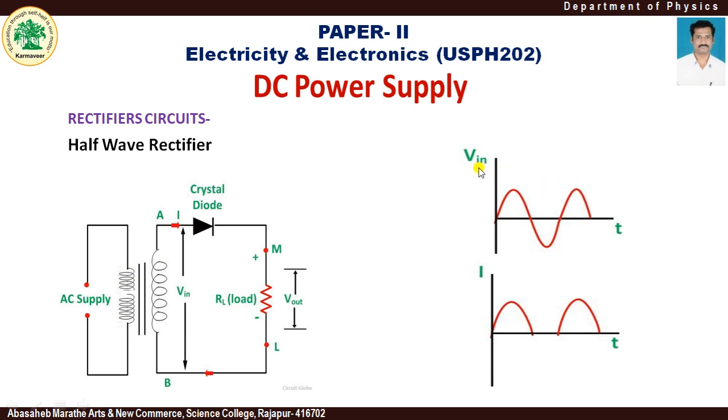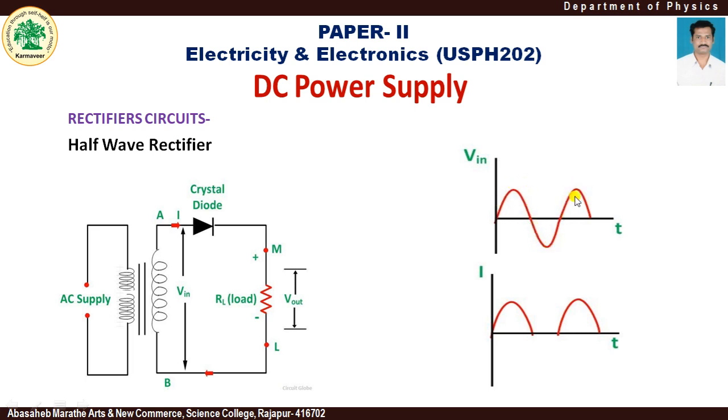This is V in, the input voltage supplied to this diode through these two points A and B. The voltage which we have provided through the step down transformer to the diode has alternate peaks: here is the positive peak, here is the negative peak, here again the positive peak.